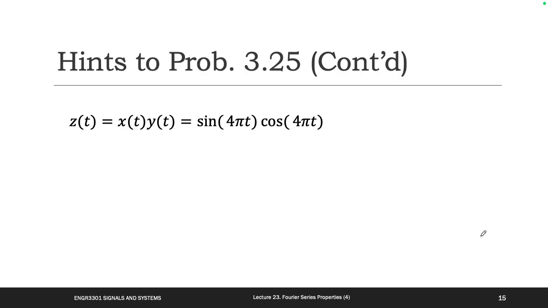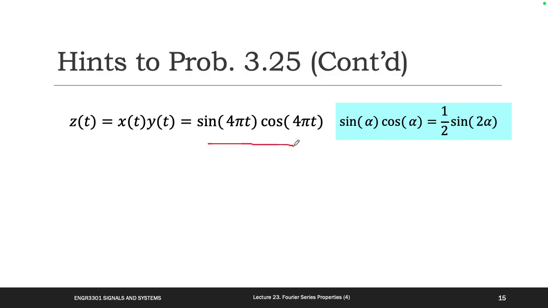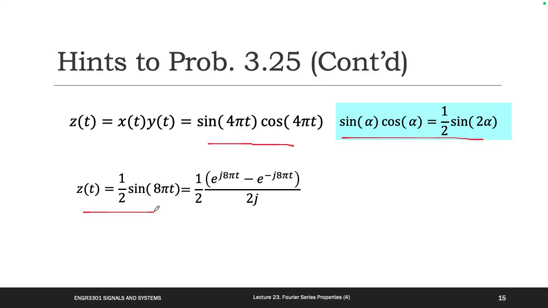We know z(t) equals x(t) times y(t), so it equals sine times cosine. And then we know this equation, am I right? So we have this one. And then using Euler's equation, you can have this one. Does that make sense to you? And then this one.